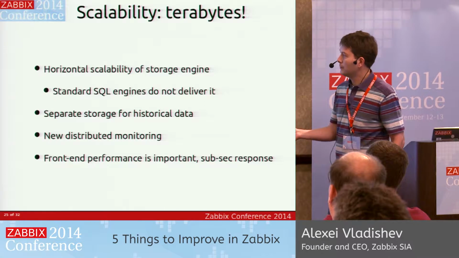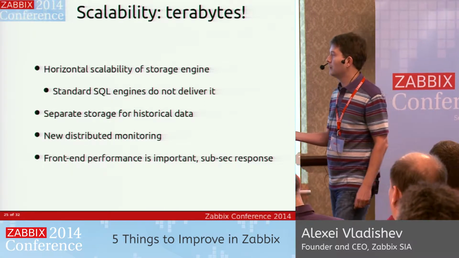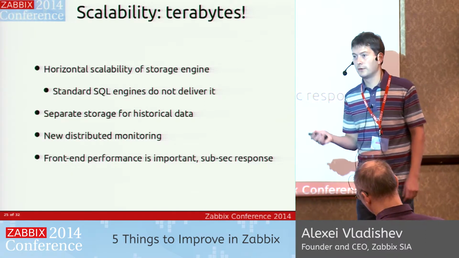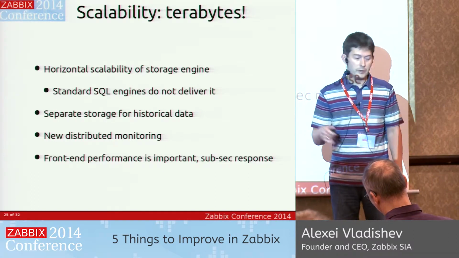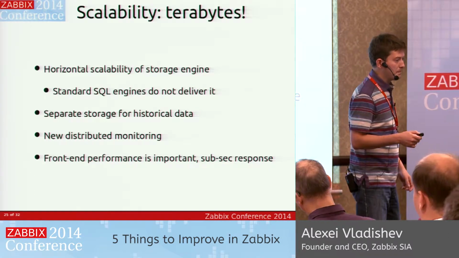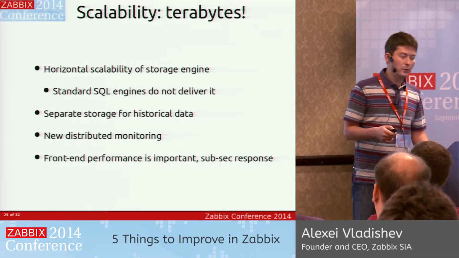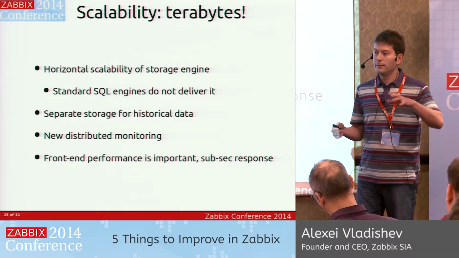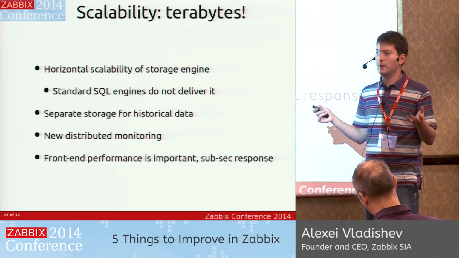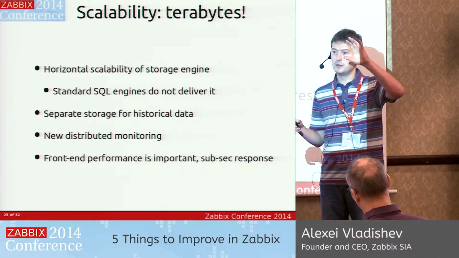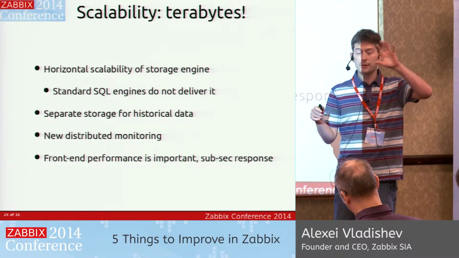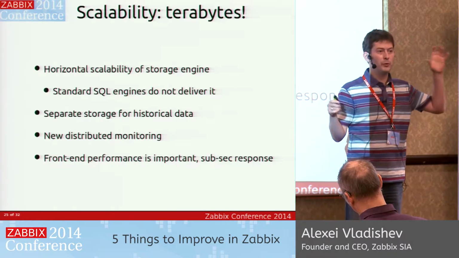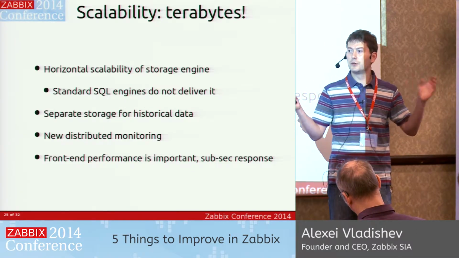Also, we need to start thinking about the next generation of distributed monitoring. There are many ideas floating around, and it may also contribute to scalability, because if we have a distributed setup, it basically means we don't have a single point of failure, a single point where all our terabytes are collected.